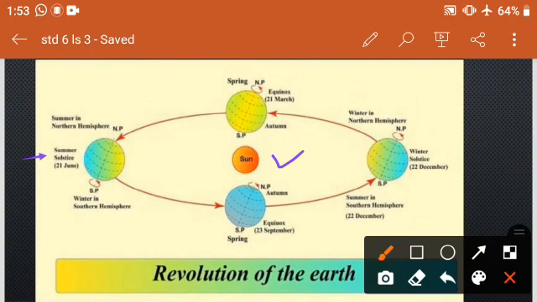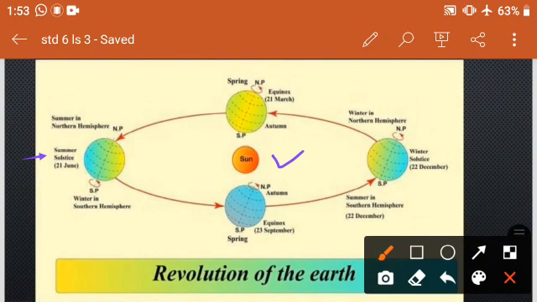Now we see that the north pole is inclined towards the sun. You can see that the part which is colored in yellow color, all of the north pole is slanted towards the sun, and the south pole, some of the part is not getting proper heat from the sun.